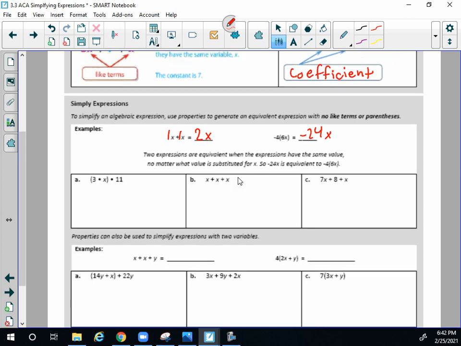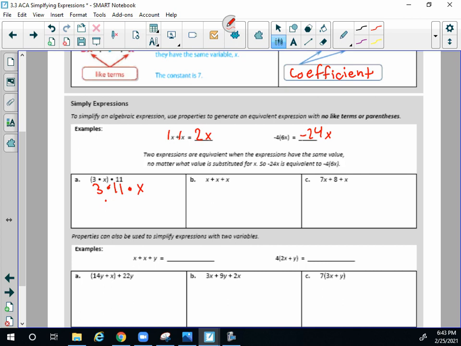All right, let's try letter A. Here, it doesn't actually matter. We talked about properties, and it doesn't matter what order we multiply in. Since we're only dealing with multiplication, and I can't really combine the 3 and the x, I can switch this order around and do 3 times 11 times x.